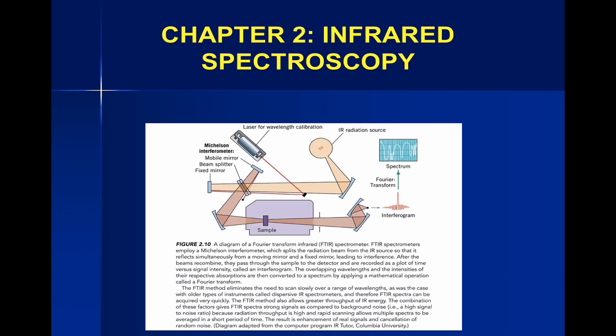What else could X be? Could be a halogen, could be a chlorine, and if it's a chlorine, then it's an acid chloride. What else could X be? OR.